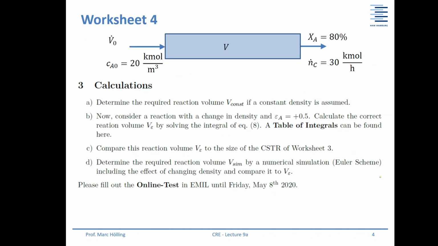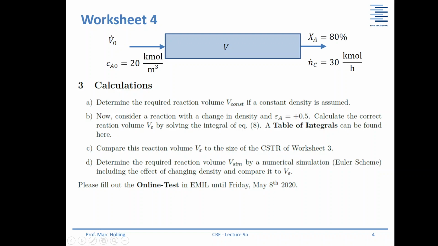Okay, so the calculation I want you to do is determine the required reaction volume if a constant density is assumed. Like we did for the CSTR, first we calculate what the outcome would be if the volume doesn't change.